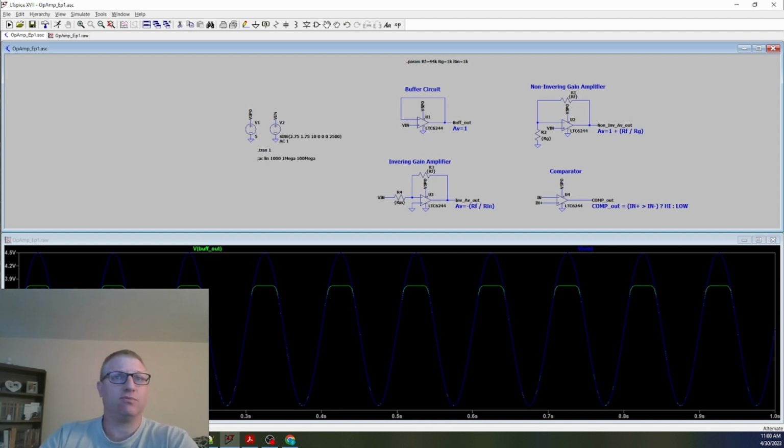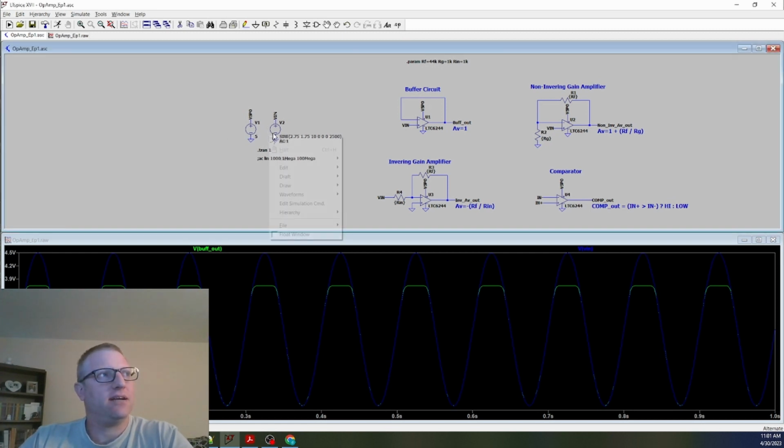Even though the output was rated up to 5 volts, because we violated the VCM, we could not see that translate from the input to the output. Right? So we want to make sure that our inputs are always below the VCM range, so that we get the output that we are expecting.